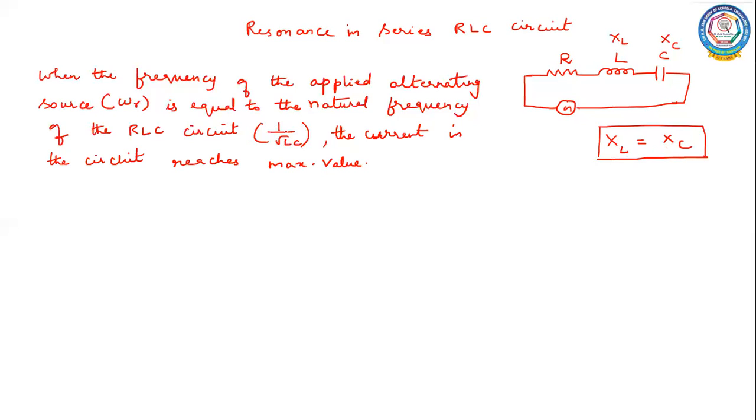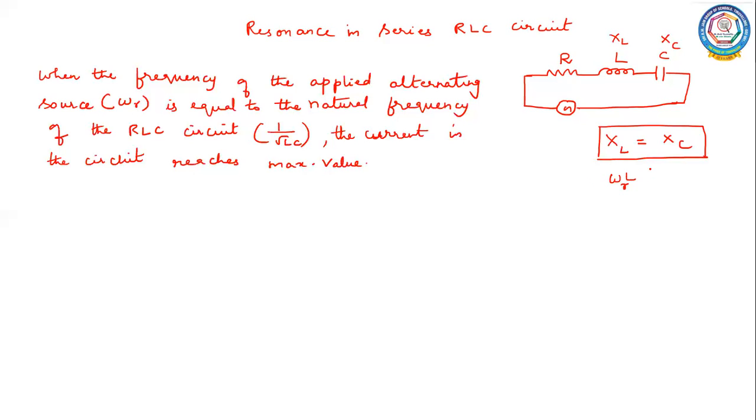Let me tell you how the formula 1 by root of LC came. We know the inductive reactance XL is omega into L. Since we talk about angular frequency at resonance, let me represent this as omega r.